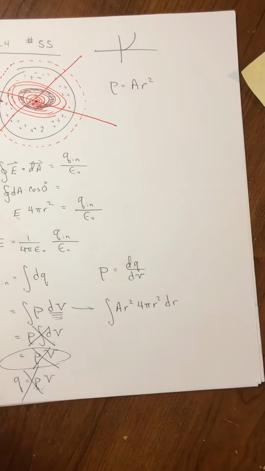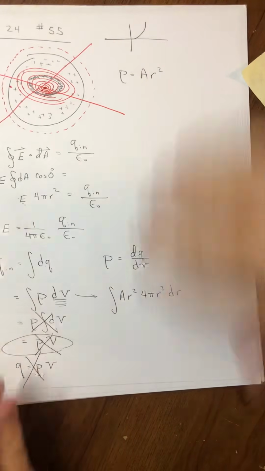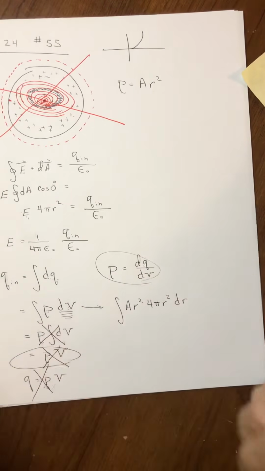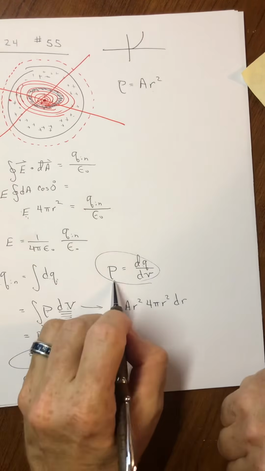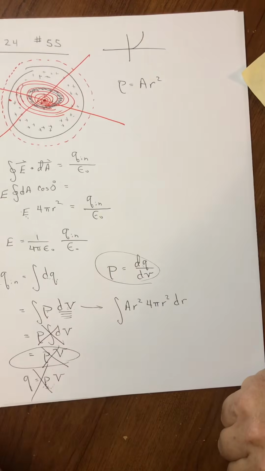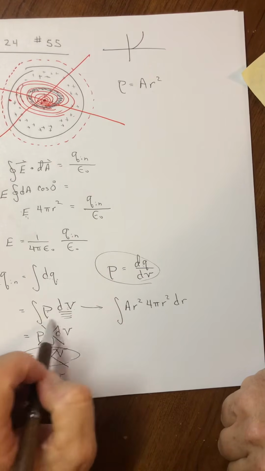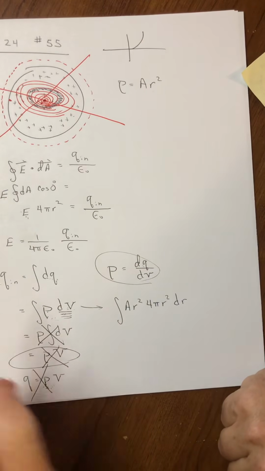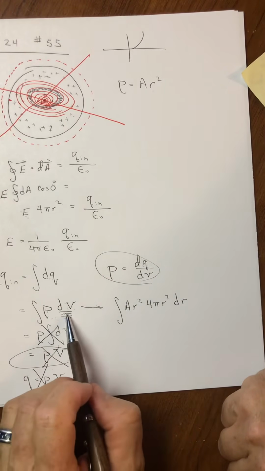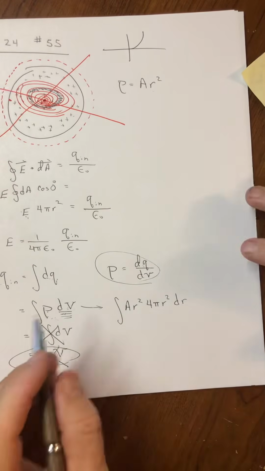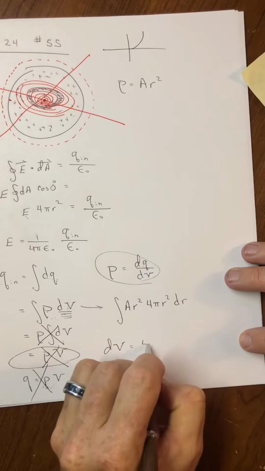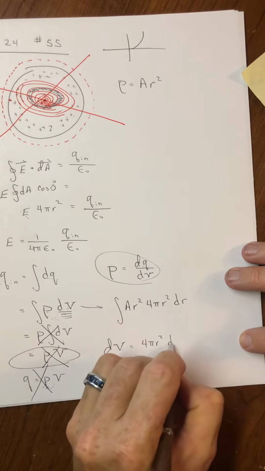And again, maybe I can use a fancy word like I did in 44. You see, when I changed it from a dq to a dV, there's a mathematical relationship between them. That mathematical relationship is called the Jacobian. So I can change this variable from a dq to a dV. And I'm going to be doing the same thing: I'm going to change it from a dV variable to a dr. Basically I'm saying that dV, a little bit of volume, is the surface area, 4 pi r squared, times the thickness.